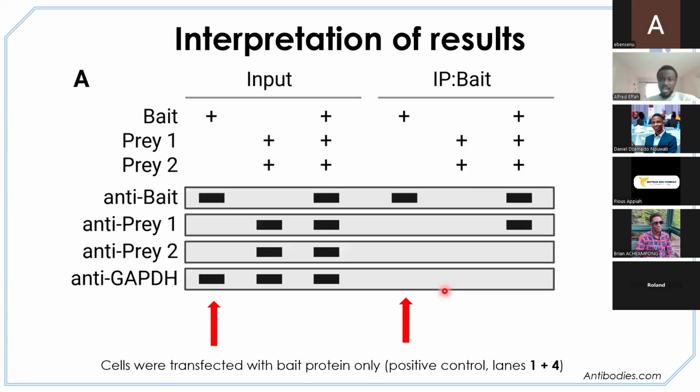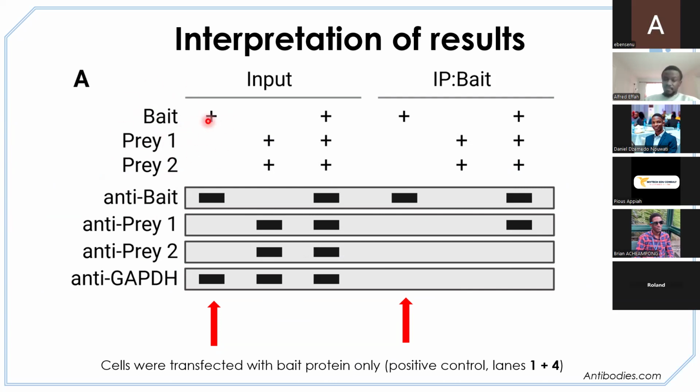So now let's look at how the results look after performing the Western blot. What do we see when we have a co-immunoprecipitation, when we suspect that two proteins are interacting? So here I'm going to use, let's say, the bait here is our protein A. And we want to find out if protein A is interacting with protein 1 and then protein 2.